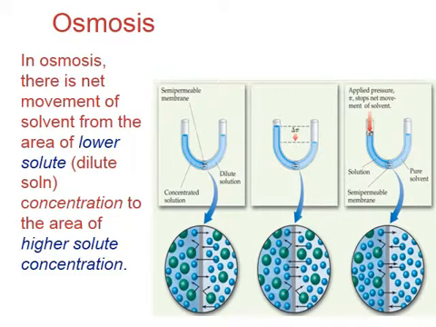Basically, to stop the flow of liquid, you have to exert pressure, as shown in the third figure. So applied pressure stops the net movement of the solvent. If you know which direction the solvent is coming from, then you can put pressure on the opposite side to stop it. And that's how you can find out the osmotic pressure.